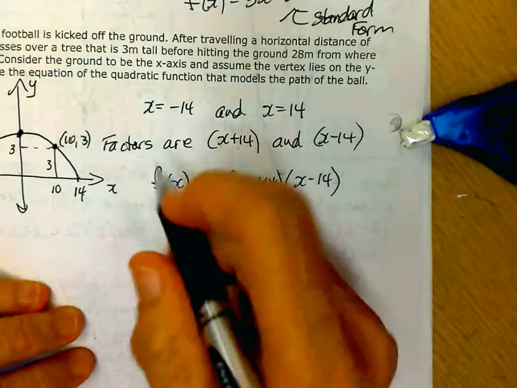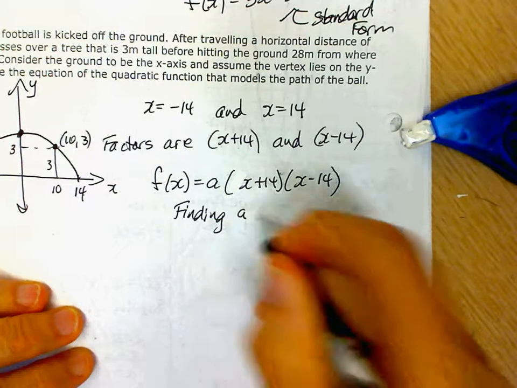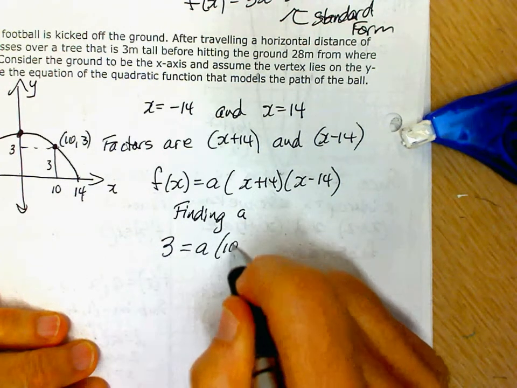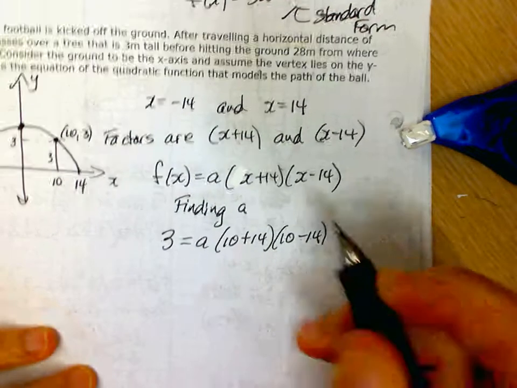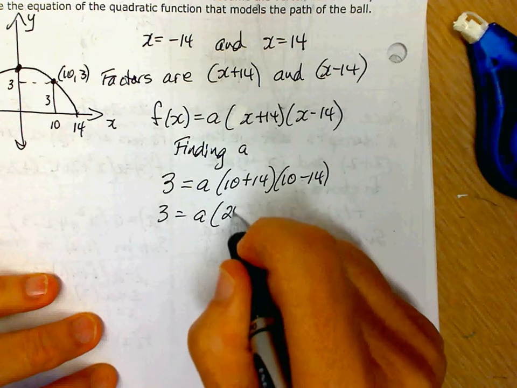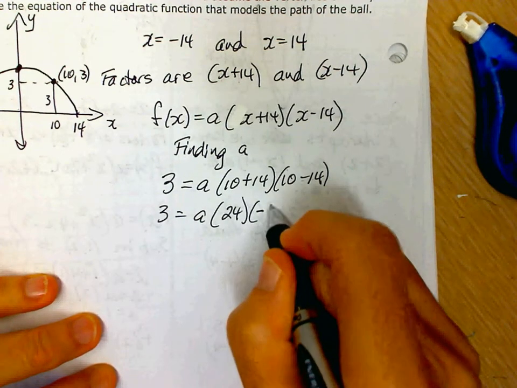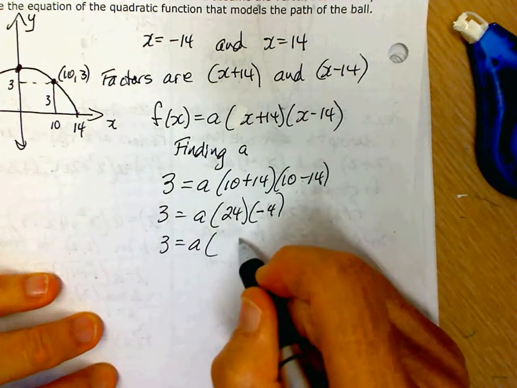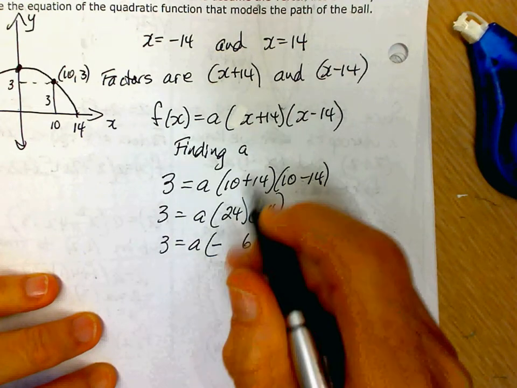Finding A, we have 3 equals A times 10 plus 14, 10 minus 14. 3 equals A times 24 times negative 4. 3 equals A, that's negative 4 times 4 is 16, carry 1, 4 times 2 is 8, that's 96.